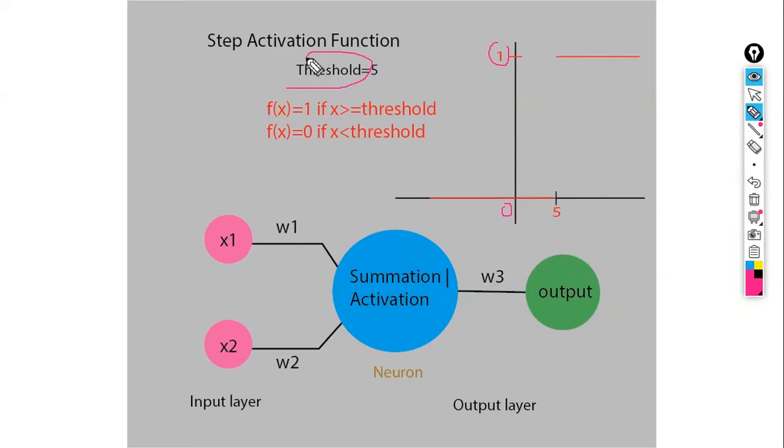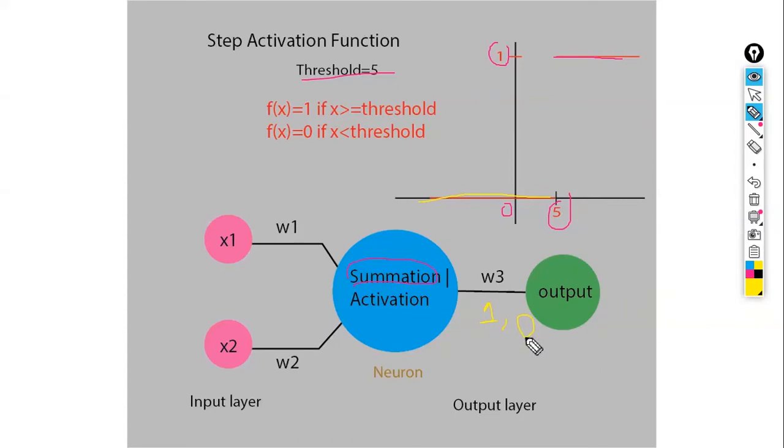You can define any value of threshold, and here I am defining it as 5, such that if the summation result passed to this activation function is greater than or equal to 5, then it is going to output 1. But if this value is smaller than 5, then it is going to output 0. So if it is equal to or greater than 5, then the value of W3 will be 1, otherwise it will be 0.